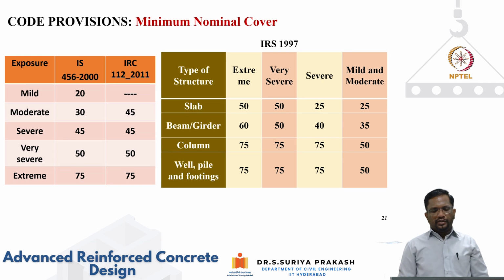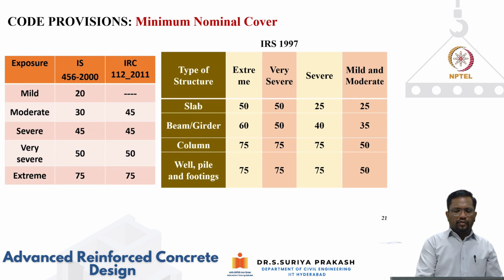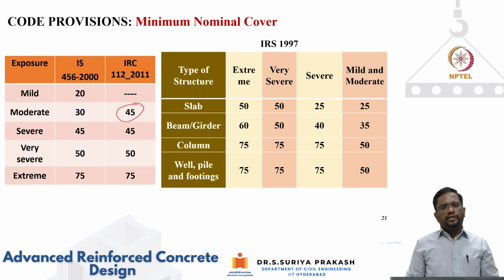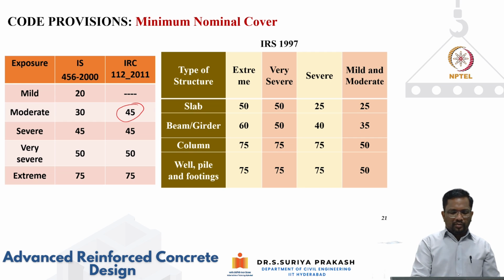And nominal cover, you can see again, for bridges, for moderate, it is slightly higher than what is allowed in your IS 456, because always bridges are exposed to the outside environment more than your buildings.